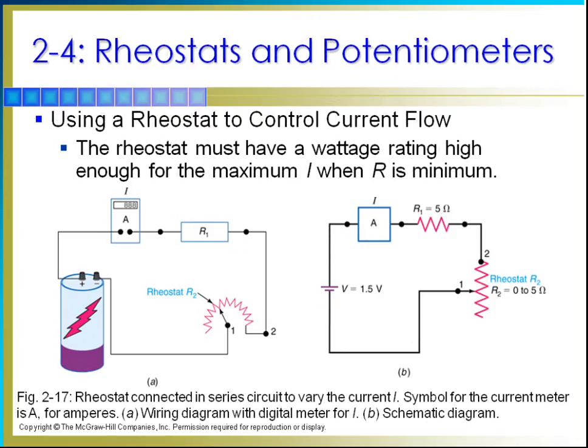Oh, somehow I lost the potentiometer slide. Well, potentiometer is a little bit different. I'll just throw a new page in here. A potentiometer, a rheostat's got 2 leads, and is in line with the whole circuit, whereas a potentiometer has got 3 leads.